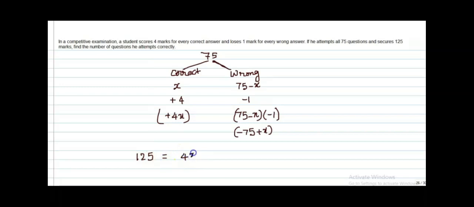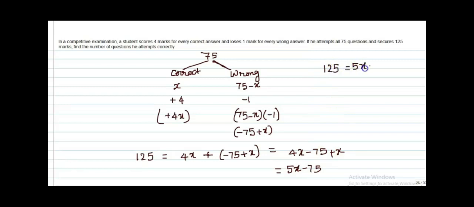So 125 is equal to 4x plus minus 75 plus x, or 4x minus 75 plus x, which is nothing but 5x minus 75. Now 125 is equal to 5x minus 75 implies 5x is equal to 125 plus 75, which is 200. So x is equal to 200 by 5, which is nothing but 40.